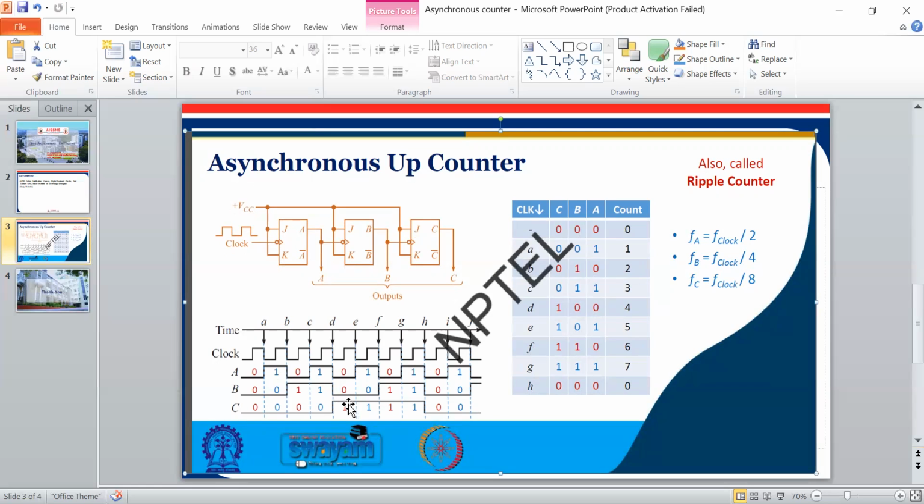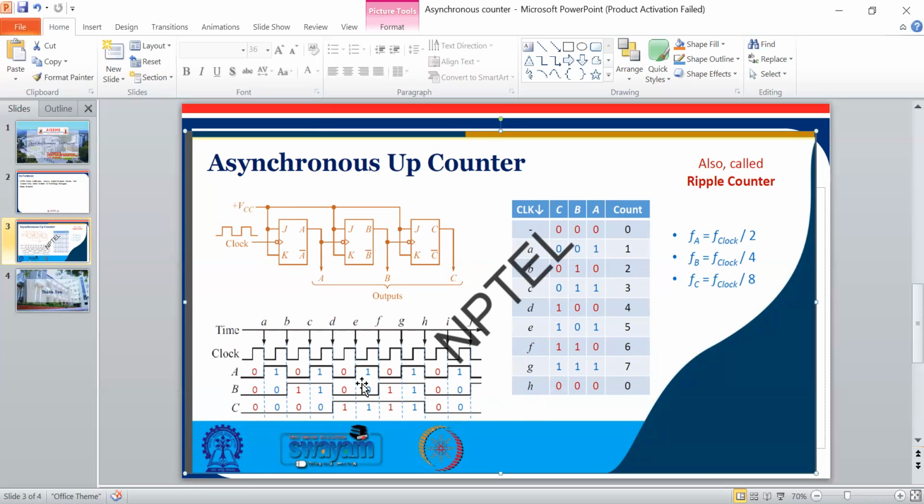Then output C will remain 1 till the further negative edge of B comes, and it appears at instant H. So C is toggling from 1 to 0. In this way, the outputs of the flip-flops are toggling at the negative edge of their respective clock pulses.